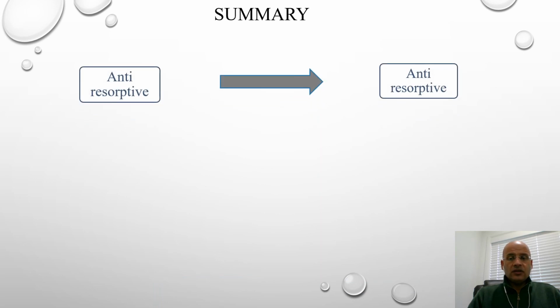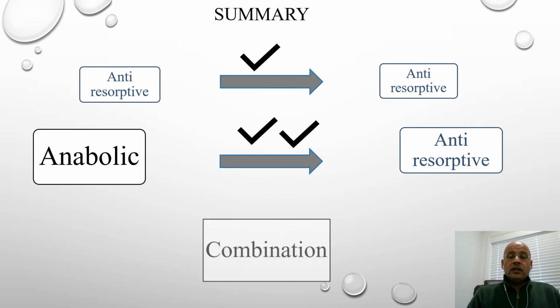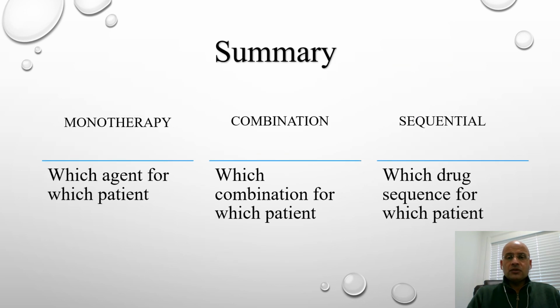Anti-resorptive to another anti-resorptive is actually okay, and it does do the job, particularly if you start with an expensive drug such as denosumab and you switch over to alendronate to maintain the benefit. Anabolic to anti-resorptive, that's actually a pretty good strategy, and combination strategy, which is yet to be endorsed by many societies worldwide, but I'm sure it will be in the foreseeable future. It's probably a good combination too.